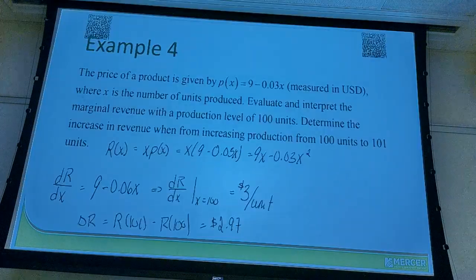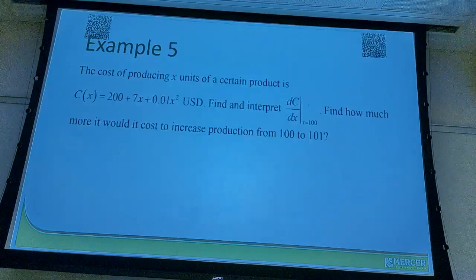Cost of producing a certain product is given by that. Find and interpret dC/dx at x equals 100. So what's dC/dx? 7 plus 0.001.